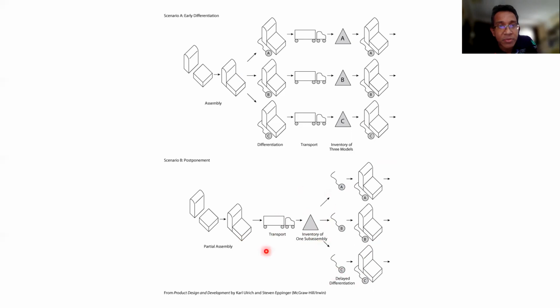So you can see this one as a delay or postponement differential, and the other as early differential. This is the difference between the two. Postponed differential means they conduct the product segregation or differentiation late in the supply chain. That's why it's called delay.